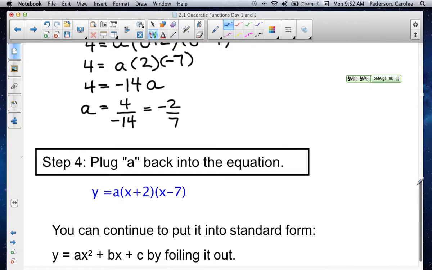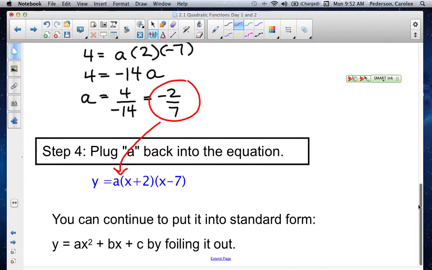The last step goes pretty quick. Just substitute that A back into our factored form equation that we found in step 1. So this A goes right back in here. Part of your homework, they do want you to convert it to standard form, yes. So right now it's in factored form.